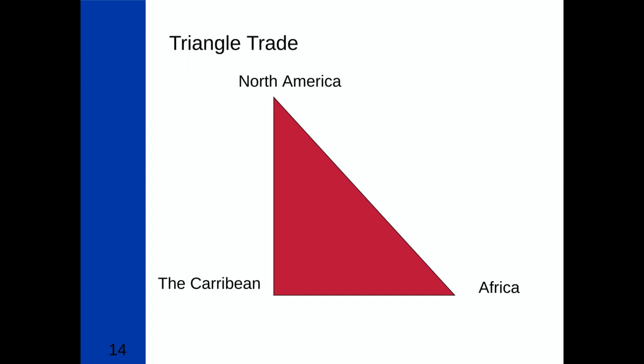Of course, part of the slave trade is the idea of the triangular trade, and this involved the shipment of goods and people, which the slaves were, back and forth between Europe, North America, Africa, and the Caribbean.